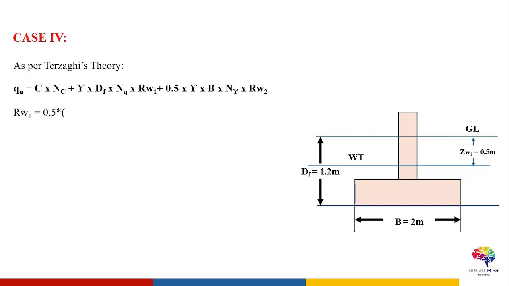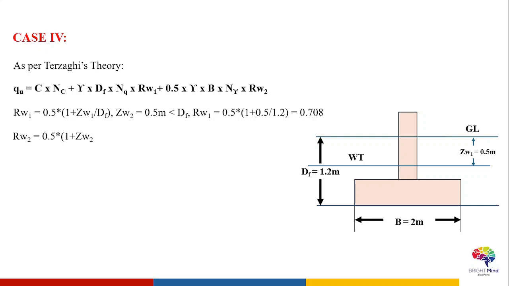So in this case RW1 will be calculated and the value will be coming out as 0.708 as the value of ZW1 is lesser than the depth of the footing, and RW2 value is to be considered as 0.5, means water table is above the base of the footing.